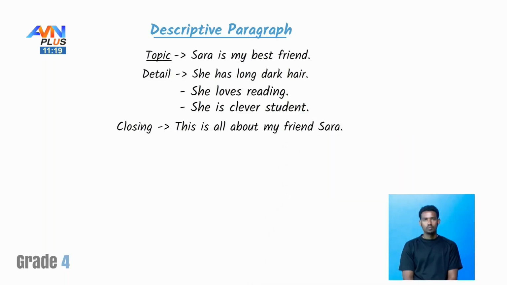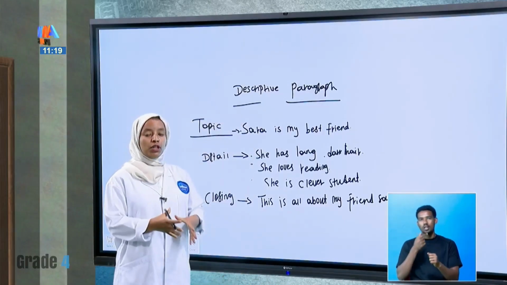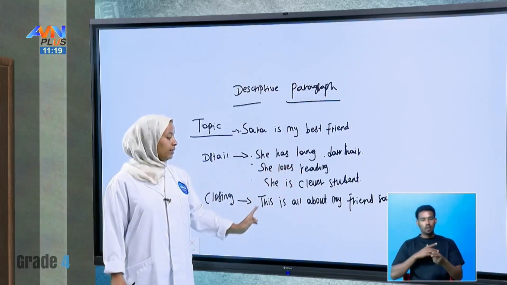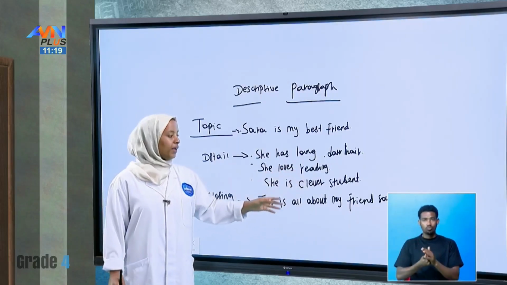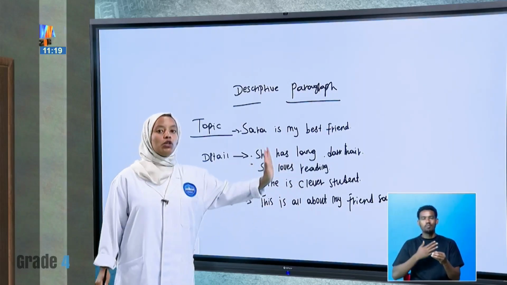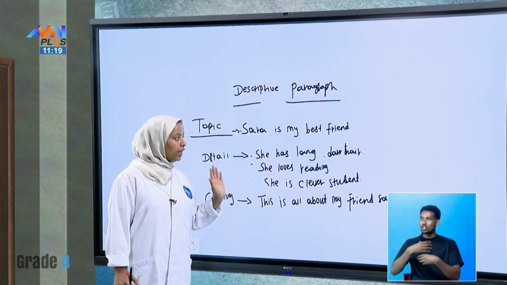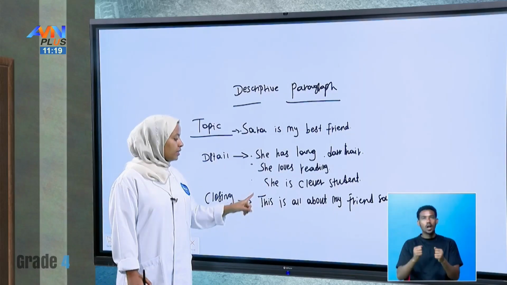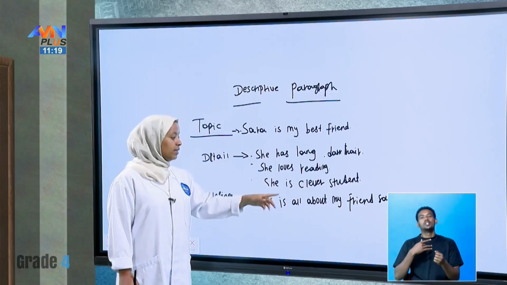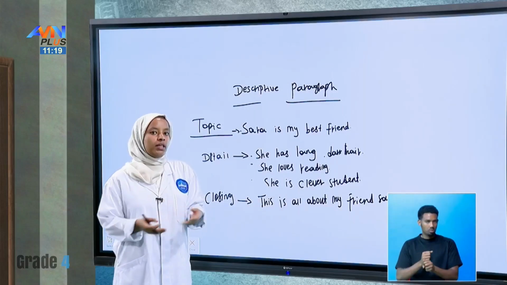We can say, this is all about my friend Sarah. This is the conclusion, and you can easily feel that it is part of the conclusion. This is all about my friend Sarah.